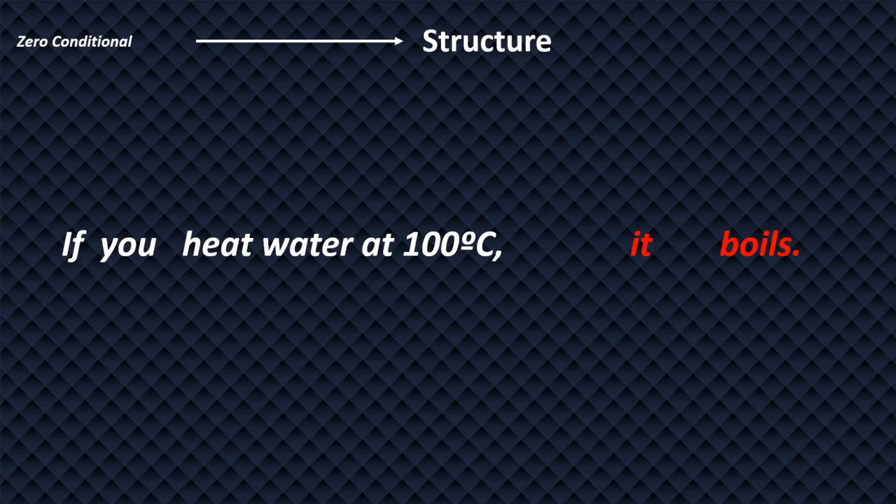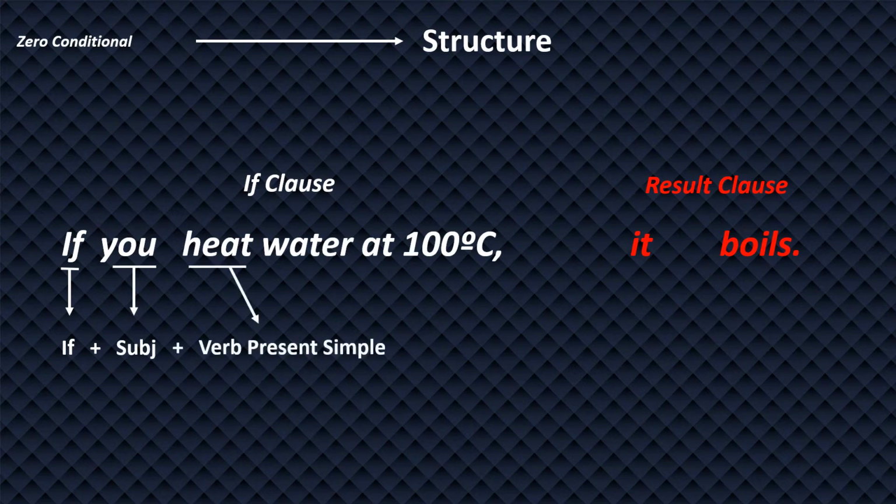Now, the structure. Every conditional sentence has two clauses. The if clause and the result clause. In this case, zero conditional, the if clause will have if plus subject, you, plus the verb in the present simple, heat, plus complement if there is any.